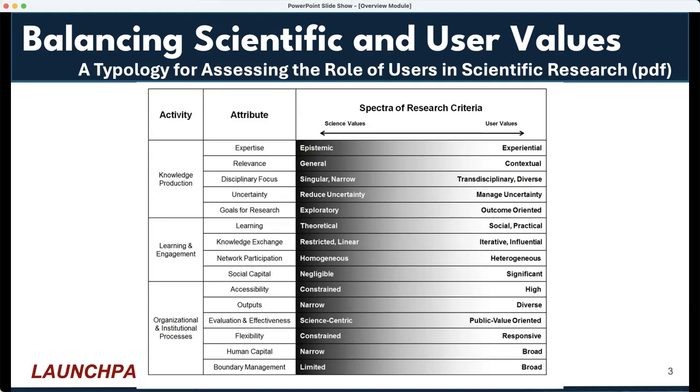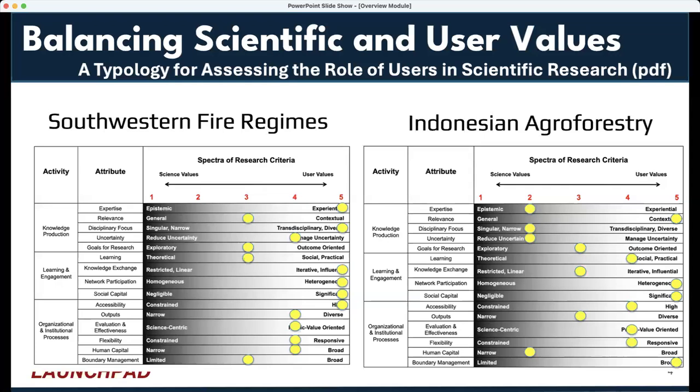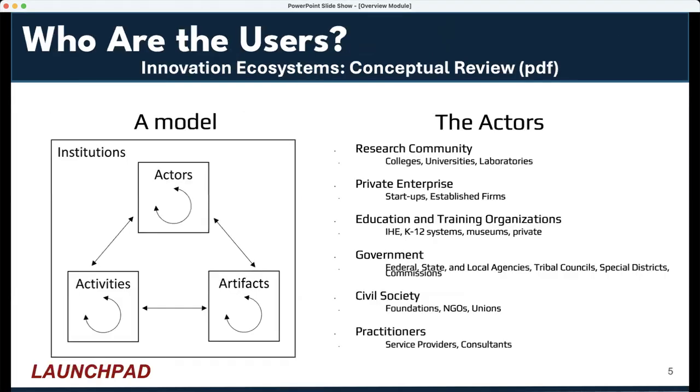In the article, they give 2 examples, and you can see that depending on what the project is, some projects may be highly dependent on user values, some may be balanced, and some may be focused much more on the scientific value. So you've got to decide what is most relevant to you.